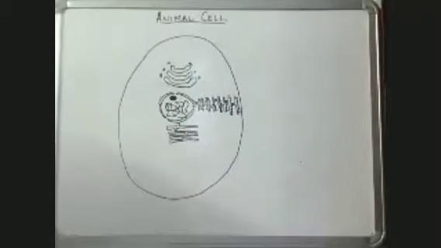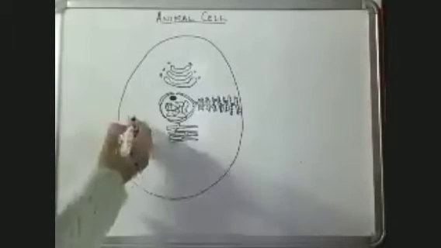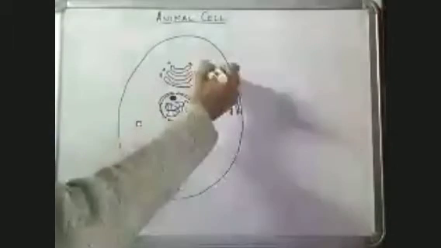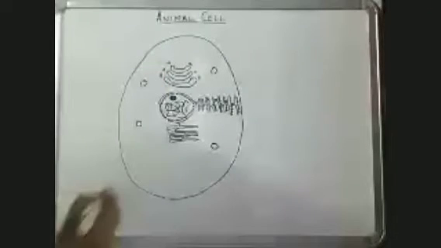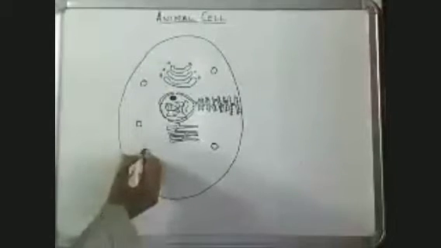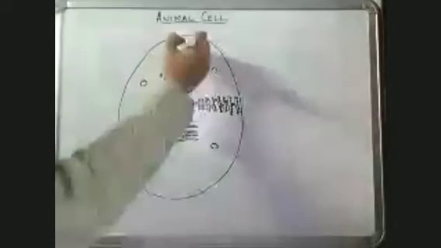Then the vacuoles are many and small in size. Along with this, we have lysosomes, which are filled with hydrolytic enzymes.